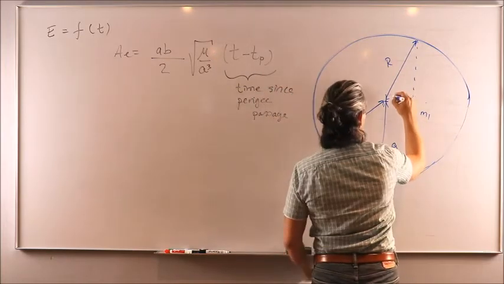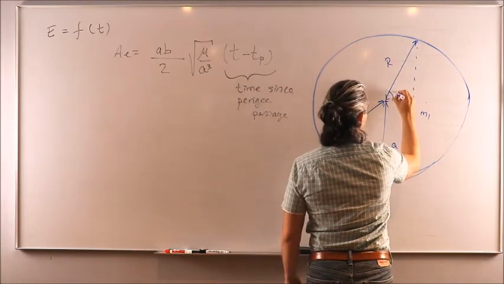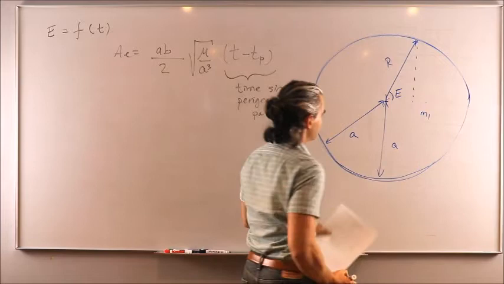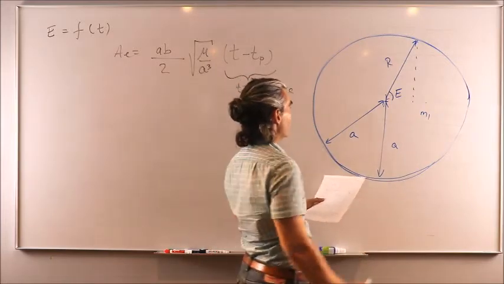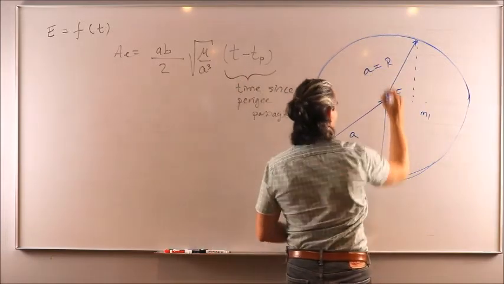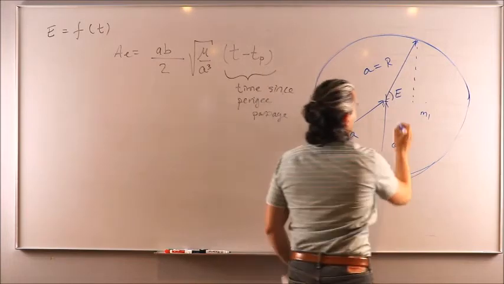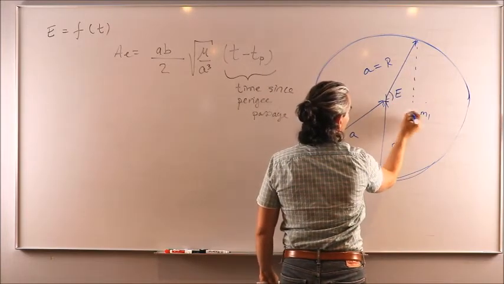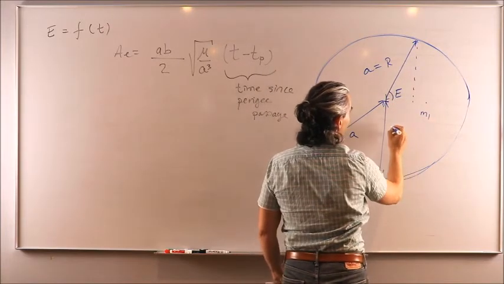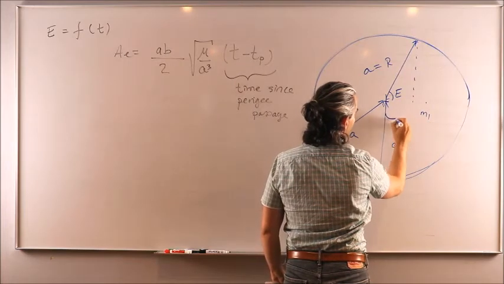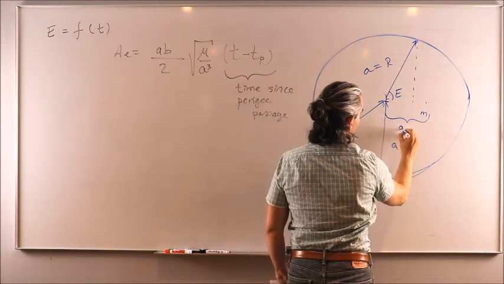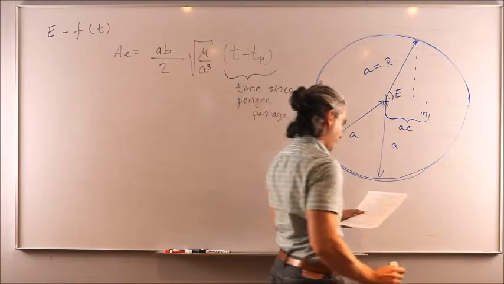We have our eccentric anomaly over there. Set A equal to R. This dimension from the center of the circle to the focus is AE.